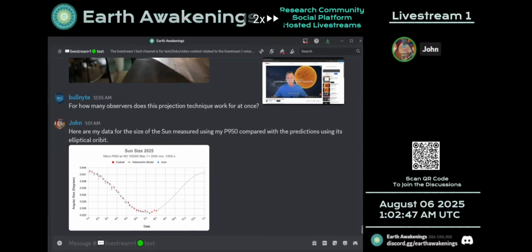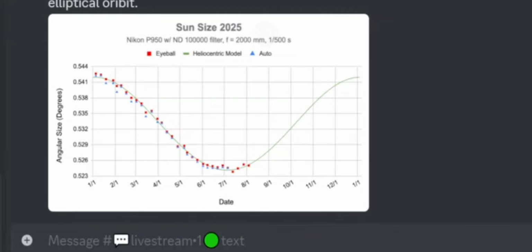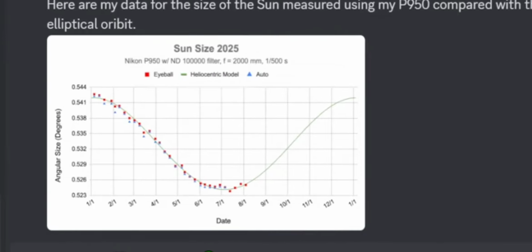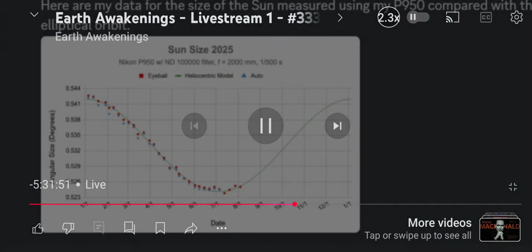Well, if anybody's interested, I just posted the latest updates on this graph that I'm making. The red squares in there are my eyeball determinations of the size of a circle fitted to the solar disk on the pictures that I'm taking of the sun, starting back in early January through now.